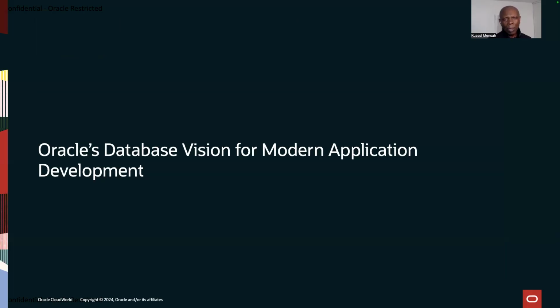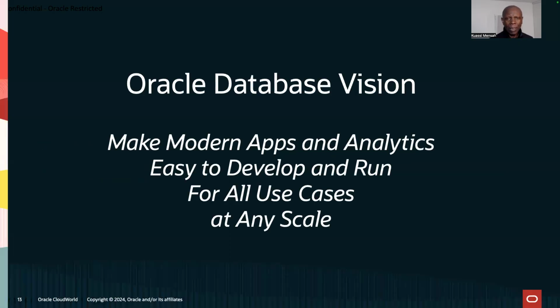Now let me talk about Oracle database vision for modern application development. So our vision, Oracle's vision, is to make modern application and analytics easy to develop and run for all use cases and at any scale.